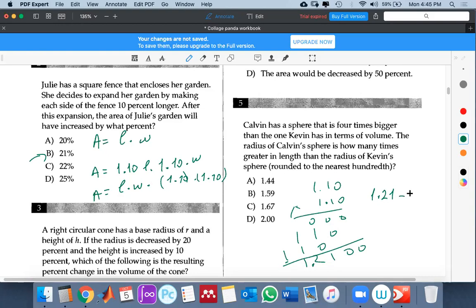1.21 is the new amount. Old amount is 1, times 100. So it will be 0.21 times 100. So 21%. That's it. Yes, no? Yes. Okay. Or what can you do?